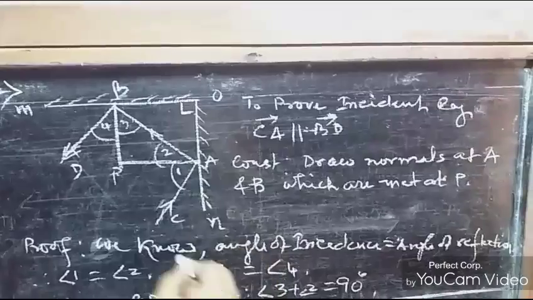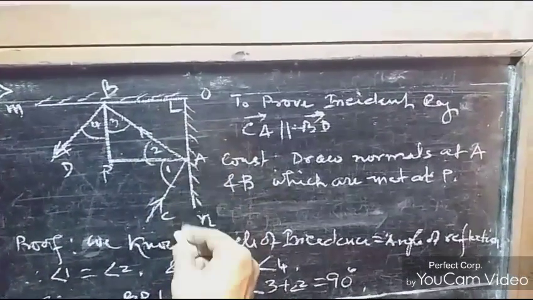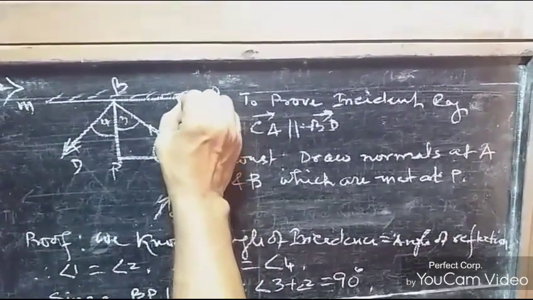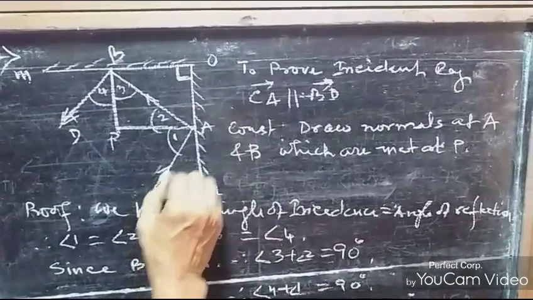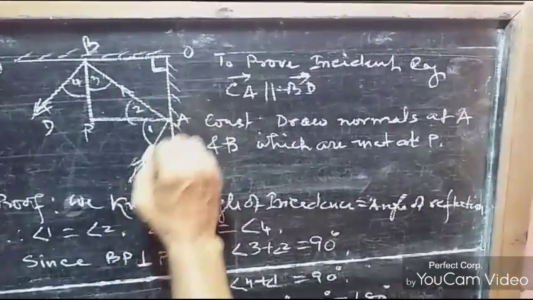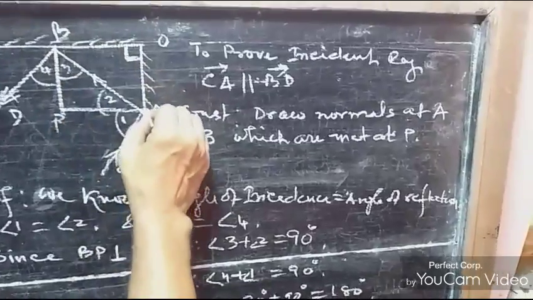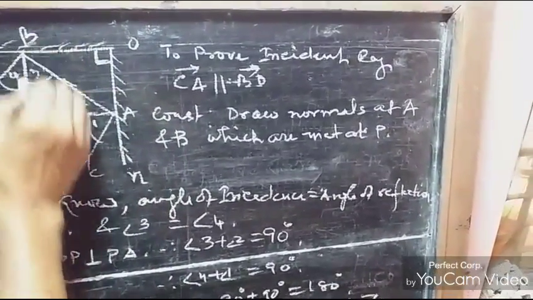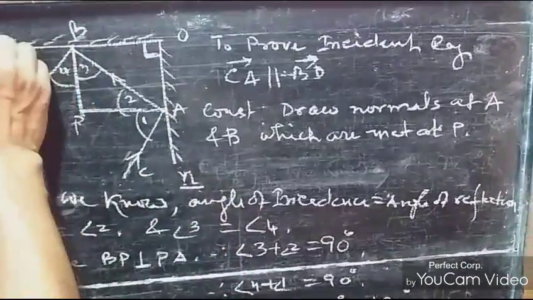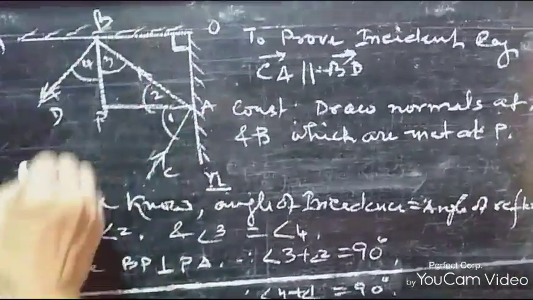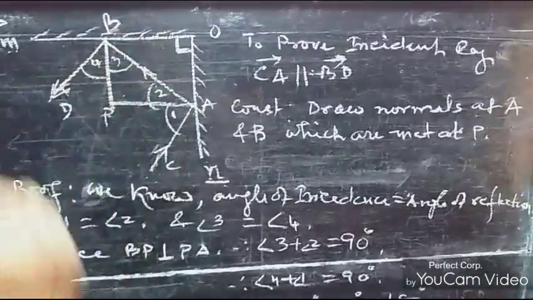Here in this figure, M and N are two mirrors, inclined at 90 degrees, or perpendicular to each other. One ray, CA, is the incident ray, and it is reflected, coming and reflecting once again from the N mirror to the M mirror at B, and it comes out as BT.